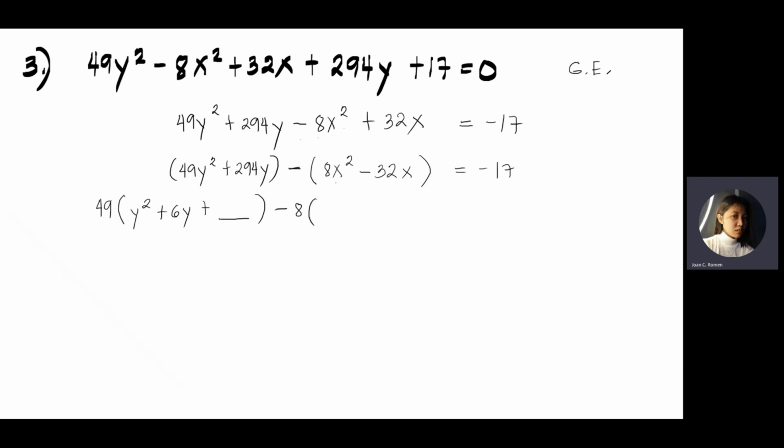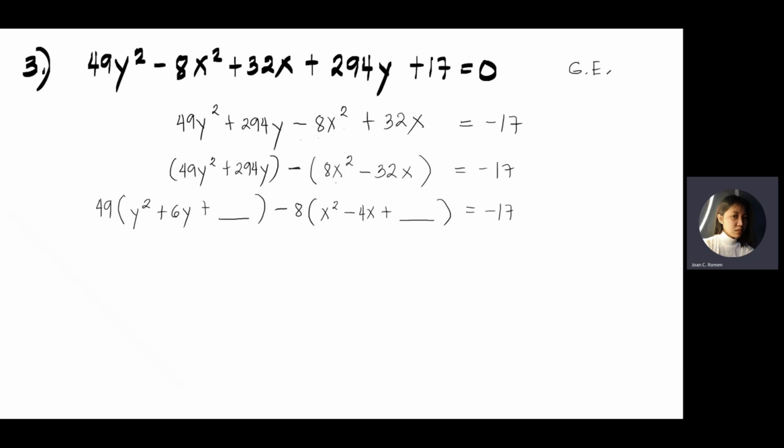Ano na lang ang matitira sa loob ng parenthesis? 8x squared divided by 8 is equal to x squared. And negative 32x divided by 8 is equal to negative 4x. Plus, the third term is equal to negative 17.